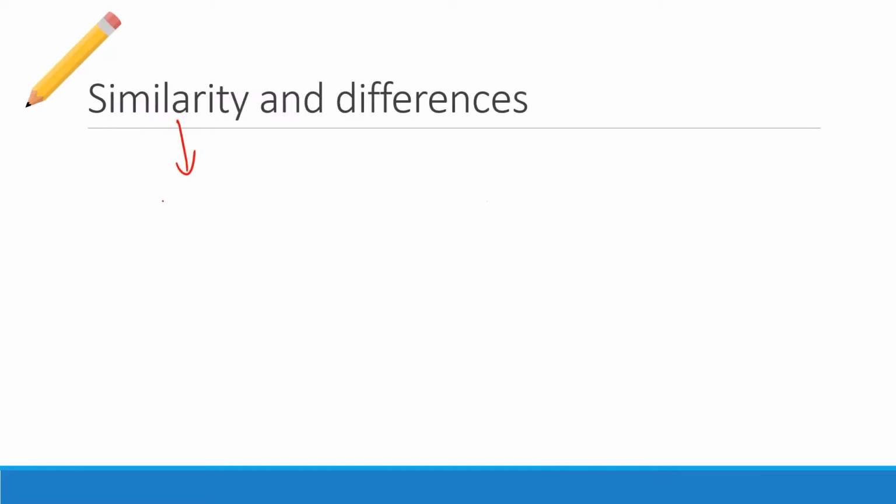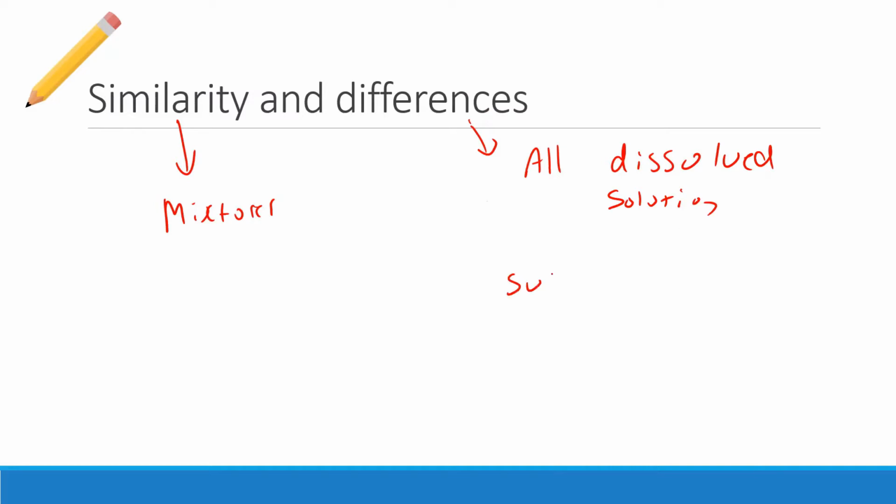They were similar because they were both mixtures, but they were different because one was all dissolved, which is a solution, but a suspension has some non-dissolved parts. And those non-dissolved parts sink. Those non-dissolved parts can be soluble, which means they're dissolved, or insoluble.